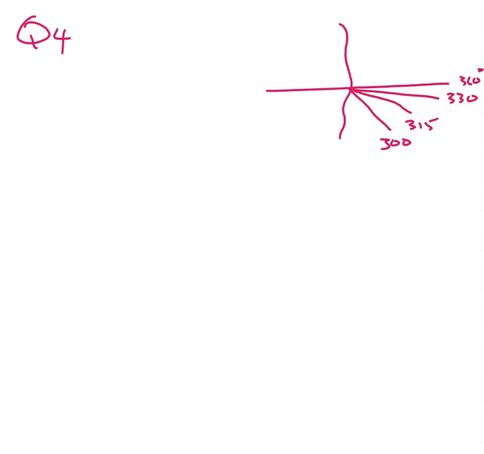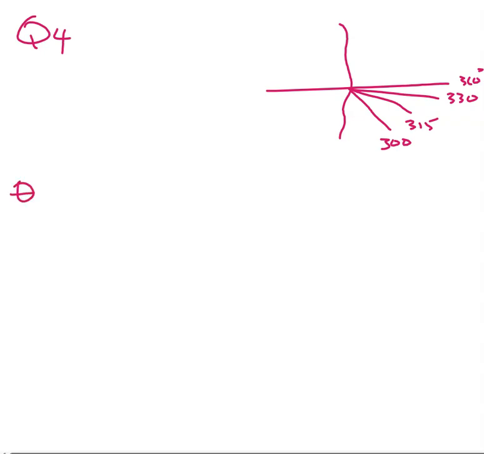Q4, so let's draw angles in Q4, which is going to be, this is 270, so we have 300, 315, and then 330. Okay, and then here we have 360. Okay, so let's go ahead and draw our angles.